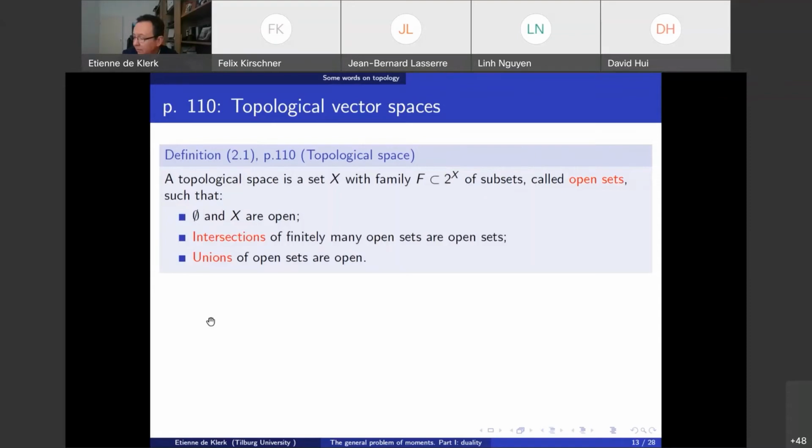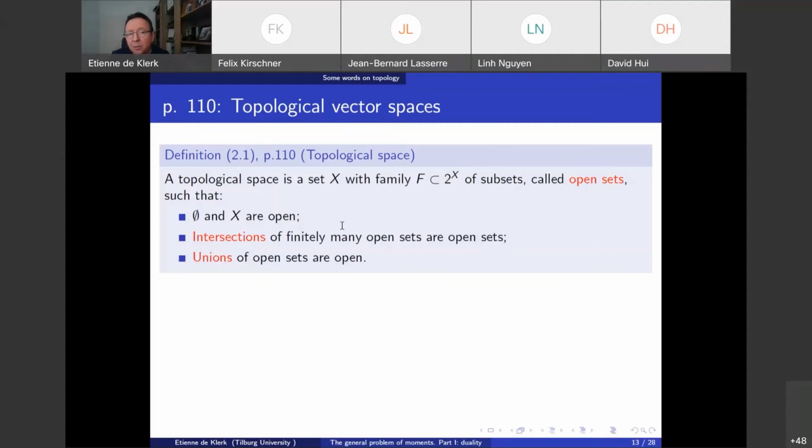The important thing here for us to understand is that if we have a topological space, this is enough to define continuity of functions on these spaces, because we can have neighborhoods. For example, if I have a point in the space X, then any open set containing it is called a neighborhood of this point.